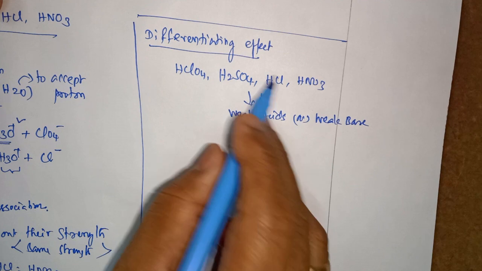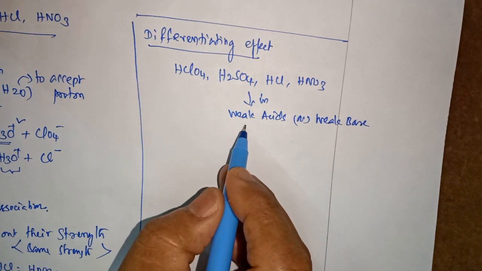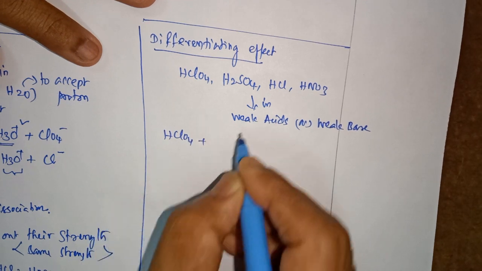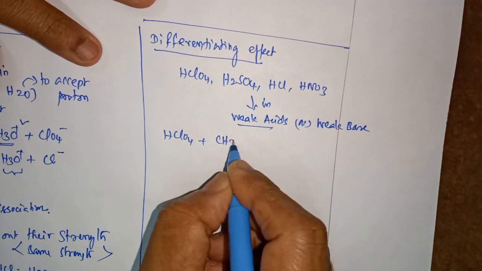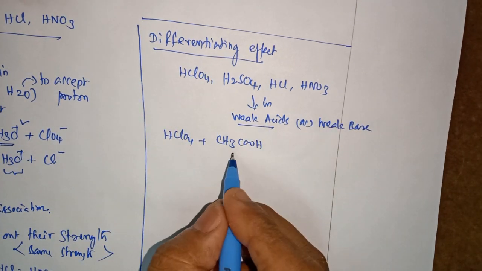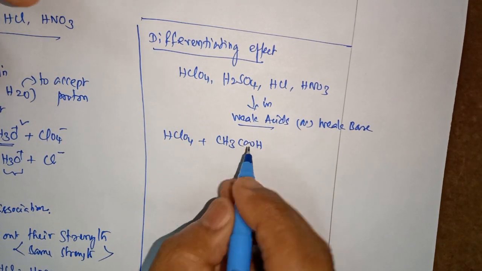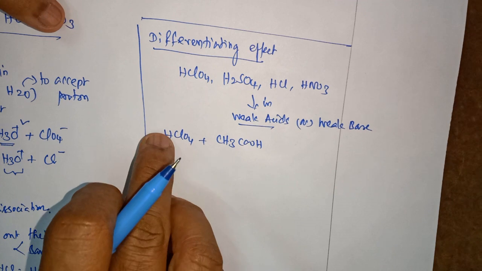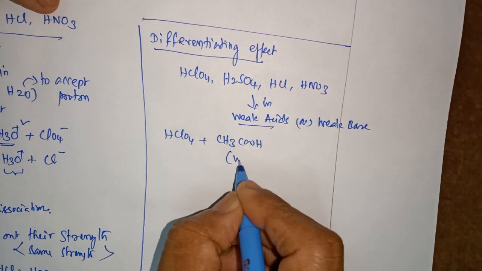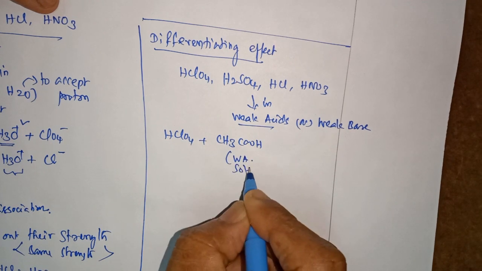I dissolve these acids in either weak acid or weak base. Suppose I take HClO4. What is the weak acid I take? Acetic acid. When I dissolve all these in acetic acid, it is a weakly acidic solvent.